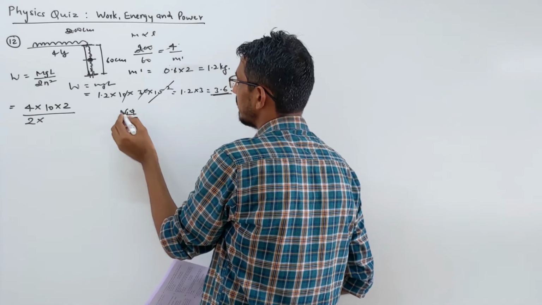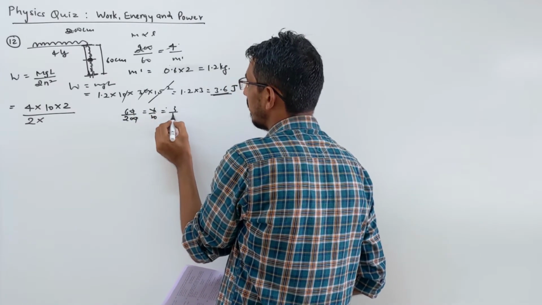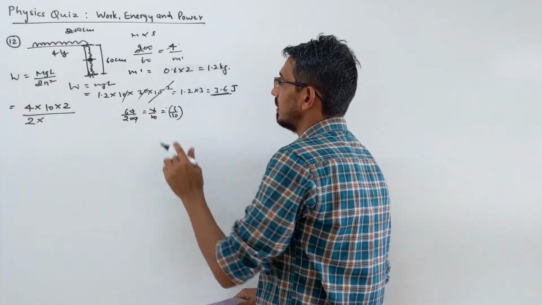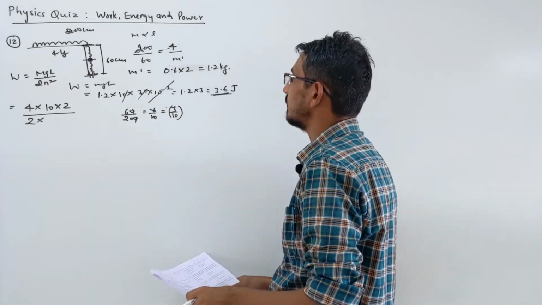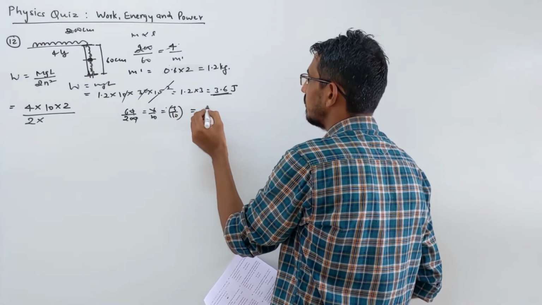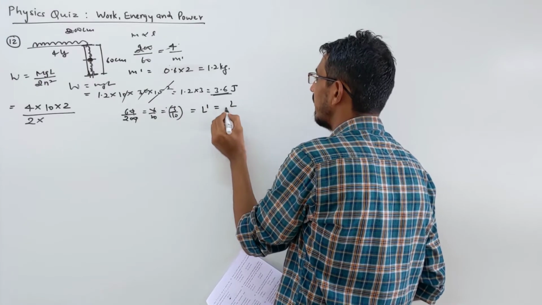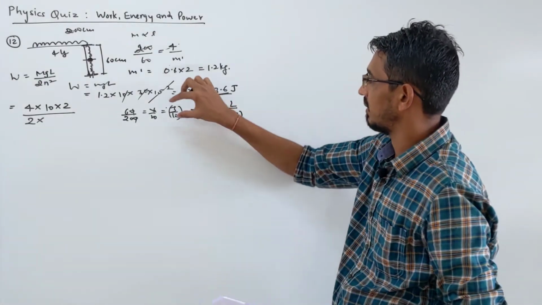If you simplify this, 6 by 20 is 3 by 10. So this much part is hanging below. I should write it in terms of L. So L dash hanging below is L by 10 by 3. Be careful, this is the nth part.